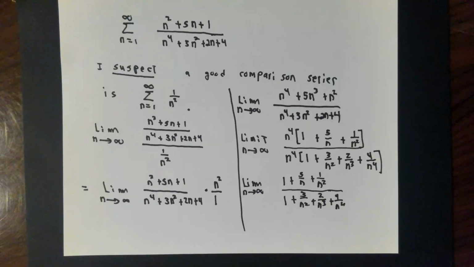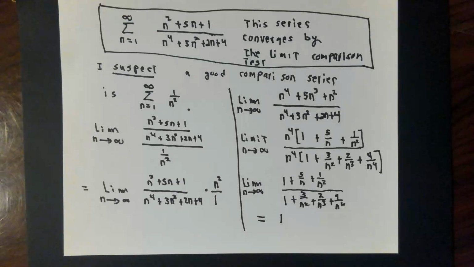The limit that we're interested in converges to value 1. The conclusion that we draw is that the infinite series we started off with converges due to the limit comparison test. Just as with the direct comparison test, though, you have to give it a reasonable comparison series.